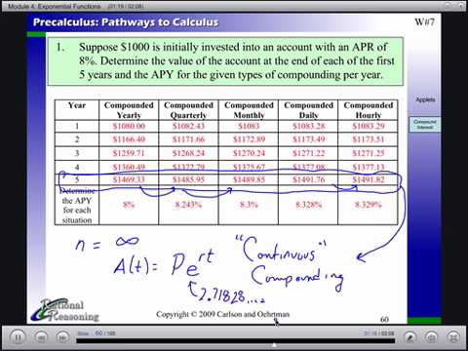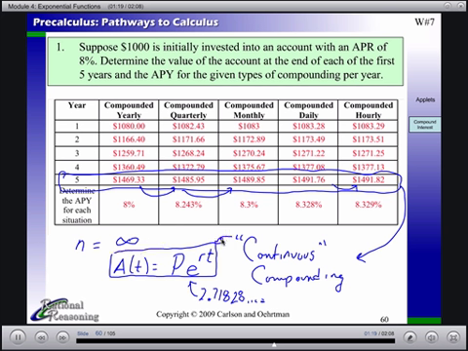Okay, so notice that P is still the initial amount, r is the annual rate as a decimal, and t is the number of years. This equation is the one we use for continuous compounding.